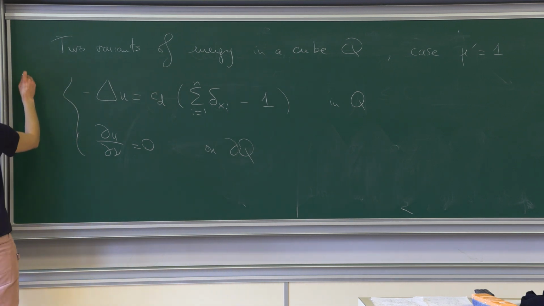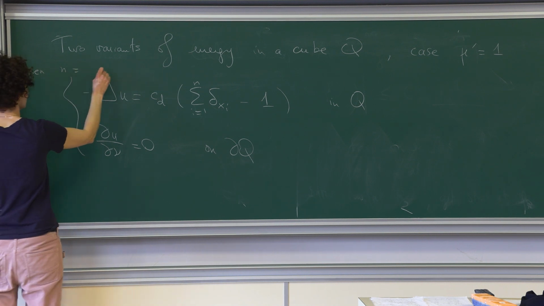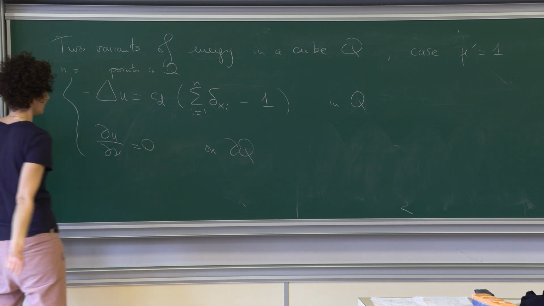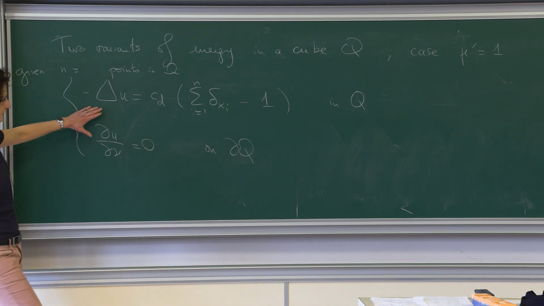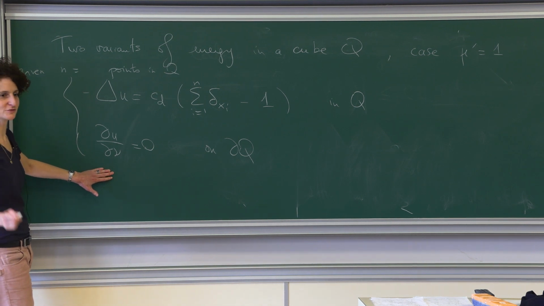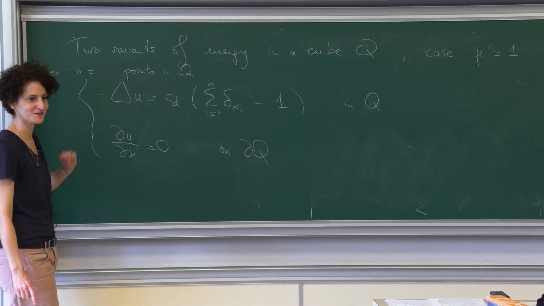So given n points, you can solve this. When is it that you can solve? That's what I would ask my students in an M2 class. When can I solve this PDE?